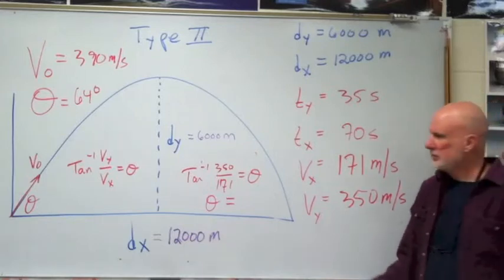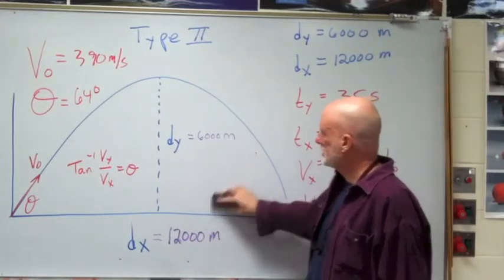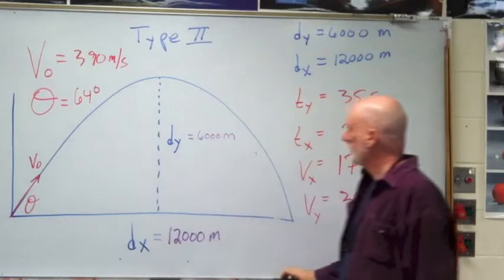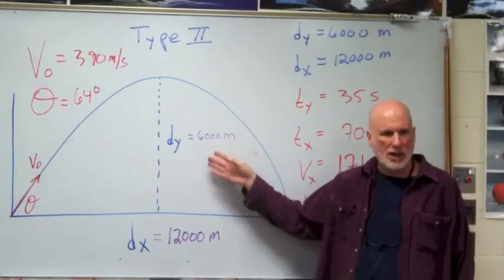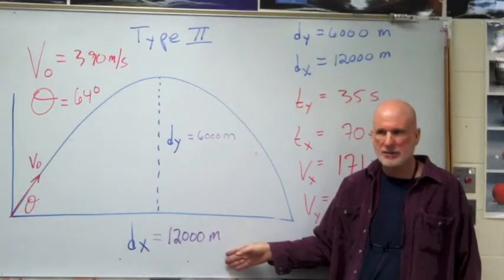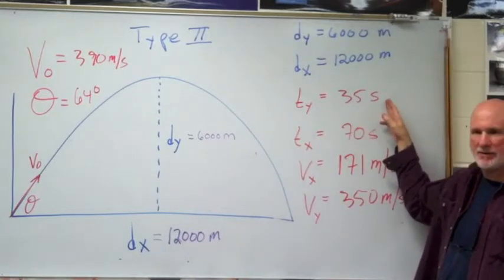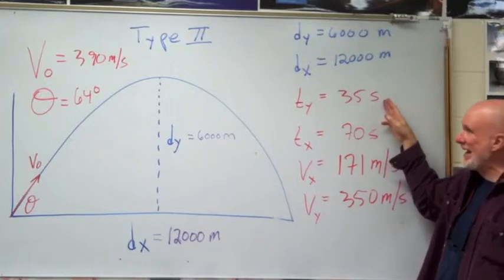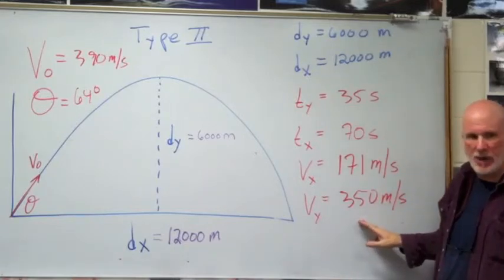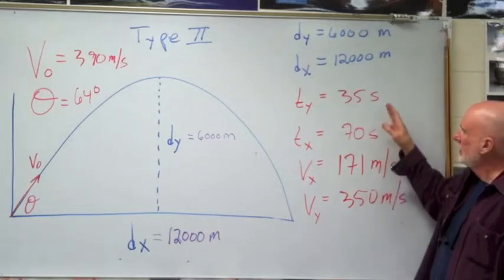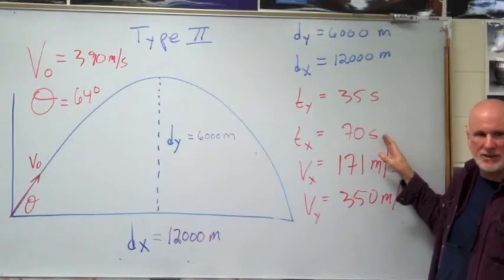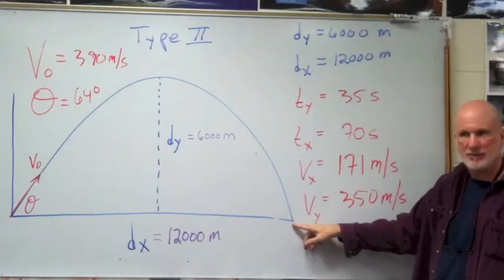Let's review. I was given dy and dx. I found ty from dy. First thing I found. Multiplied by 10 to find Vy. I know Ty, Tx is double that, 70.